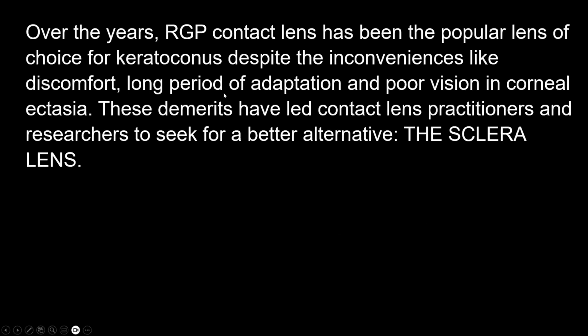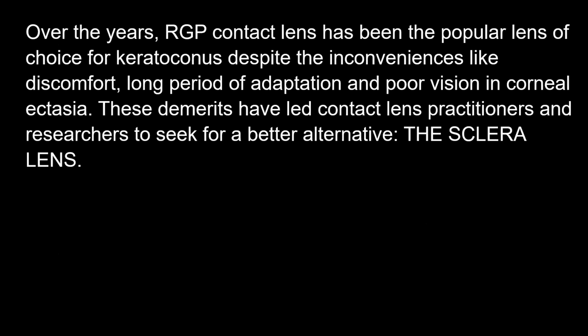So over the years, RGP has been the main contact lens in practice for people who have corneal ectasia, people who have something like keratoconus, keratoglobus. That has been the practice contact lens of choice in such conditions.